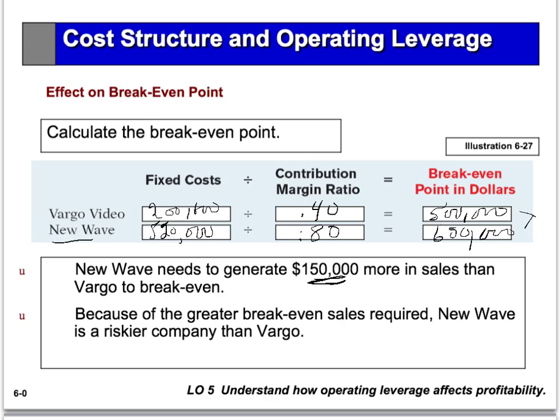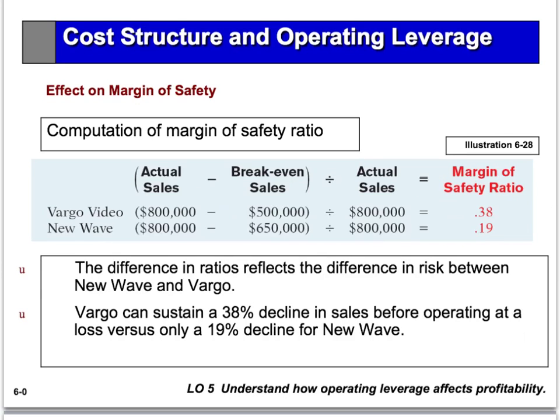But once you go beyond the break even, both of them achieve the break even. New Wave is making 80 cents on every dollar, Vargo is making 40. Now, again, what's the margin of safety? Well, the margin of safety is in favor of Vargo because of its cost structure. Remember, margin of safety is the difference between actual or expected sales and break even.